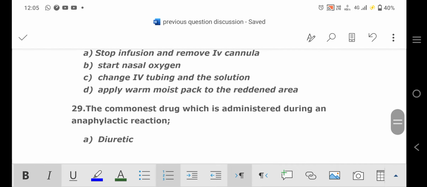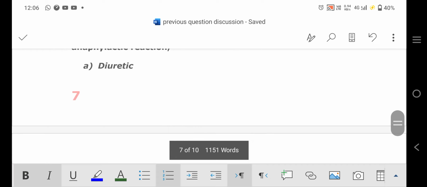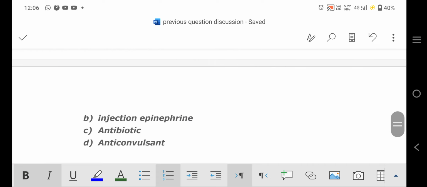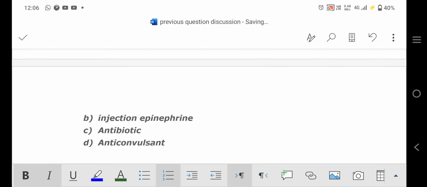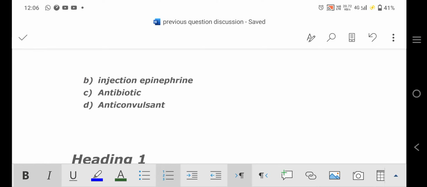Here the commonest drug which is administered during an anaphylactic reaction is option B, injection epinephrine.